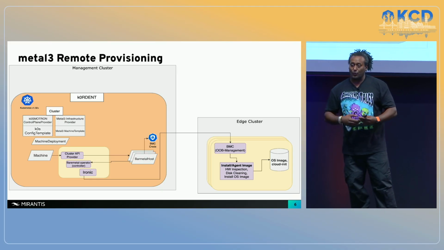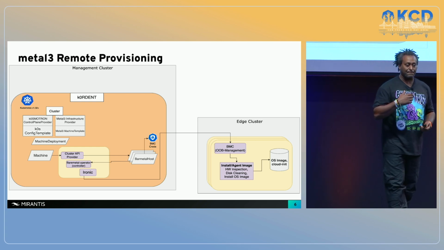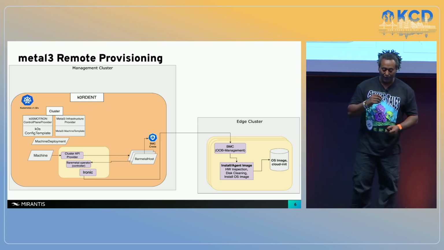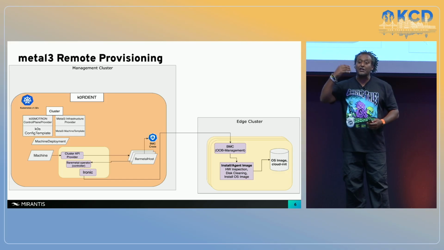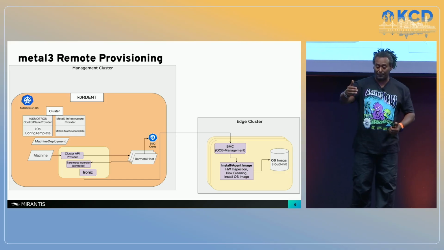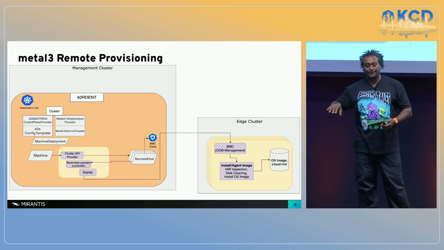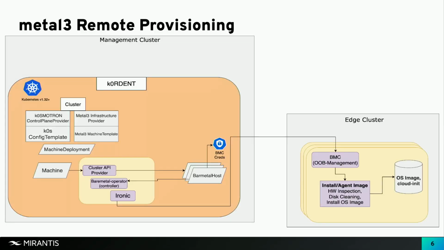This management cluster will have certain artifacts, certain definitions that are what is the control plane of the cluster that I want to build, the one that you see on your right, and what is the operating system, what is the cloud-init that I want to pass the configuration to that operating system, what is the Kubernetes version, and all of these nice things.